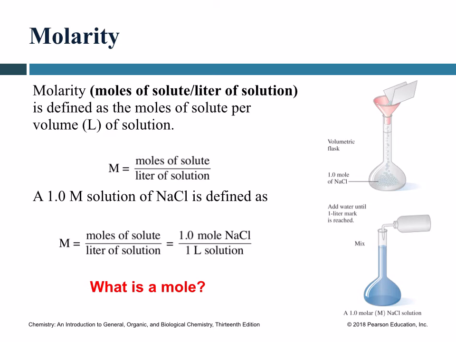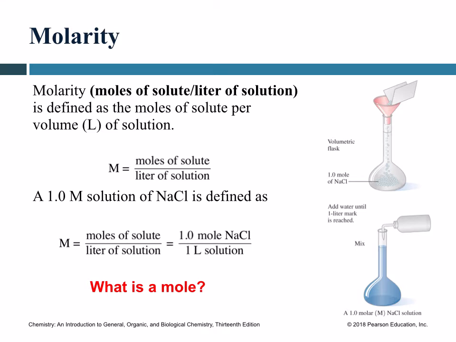The final concentration term we will look at is called molarity. This relates the moles of solute to the volume of a solution. Molarity is defined as moles of solute per liter of solution. Pause the video and recall what a mole is. If you've forgotten, refer back to your notes.